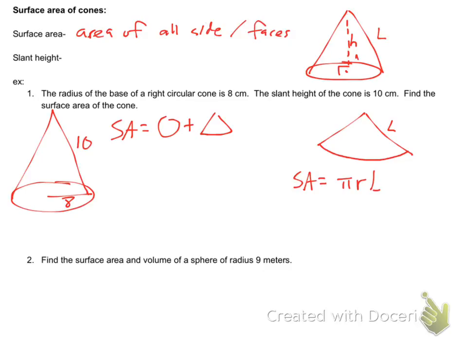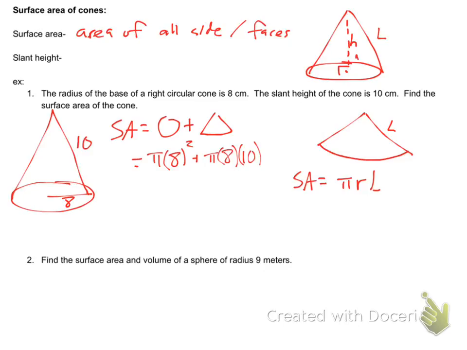So the circle on the bottom is pi times 8 squared, plus pi times r, which is 8, times 10. And you just gather it all up. Multiply it and gather like terms. Once you know the formula, it's easy.